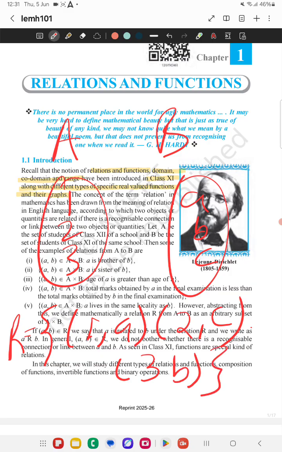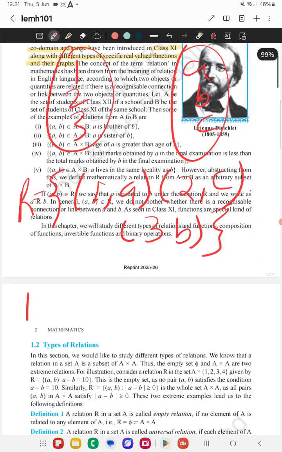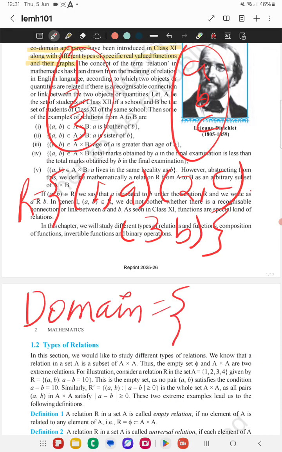So what do we mean by the term domain? Domain is the set of first elements of the ordered pairs. So if you can see the ordered pairs (1,a), (2,c), (3,b), the first elements are 1, 2 and 3. So this is your domain.